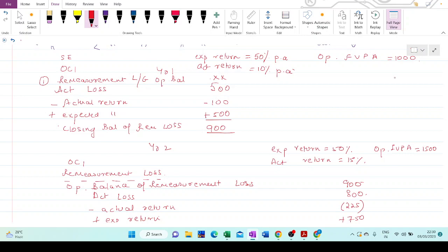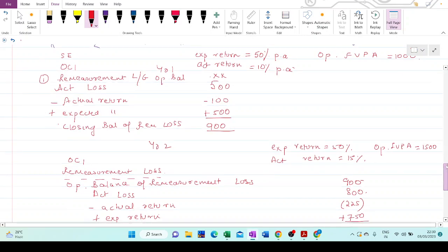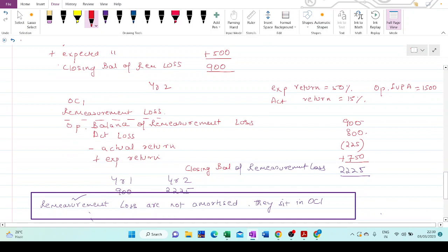We saw that my actuarial losses increased from 900 to 2225 over a period of 1 year only, right? So if I choose an unrealistically high expected return, my actuarial losses would become very big over the years.